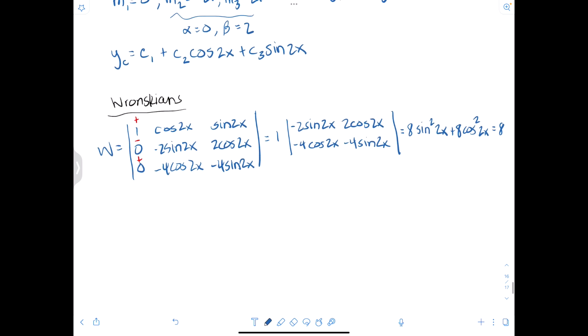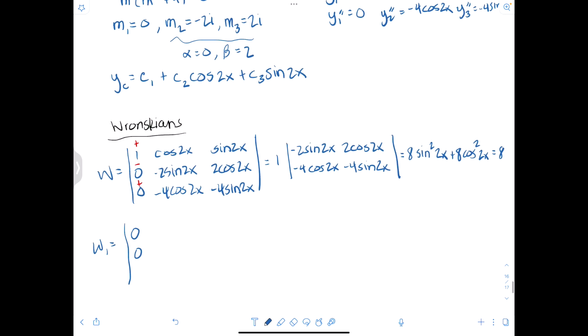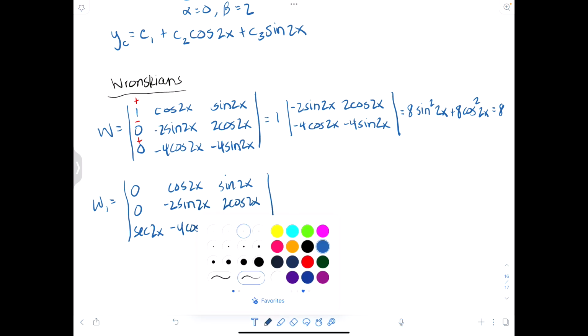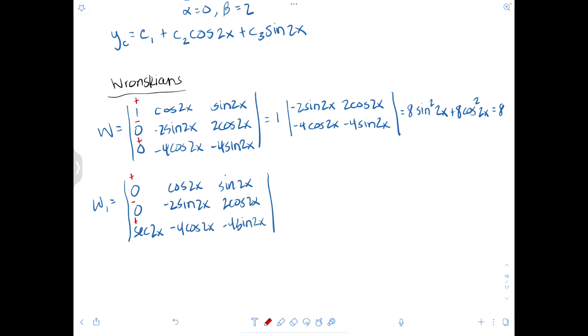It's nice. W1 will be replacing the first column with 0, 0, and then secant of 2x. And I'll go ahead and expand again about that easiest column.